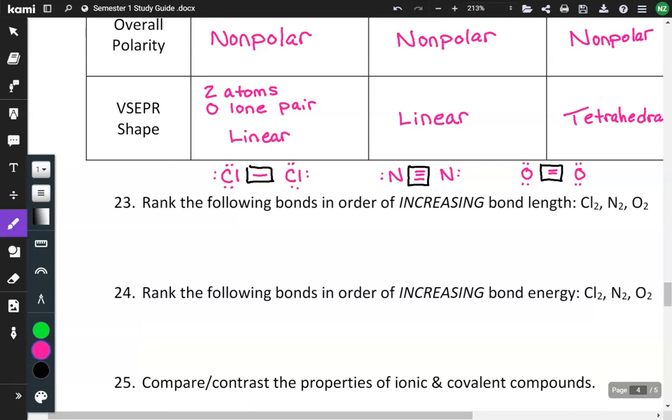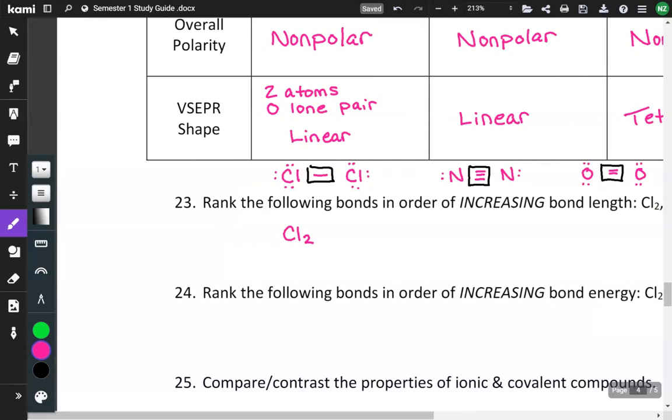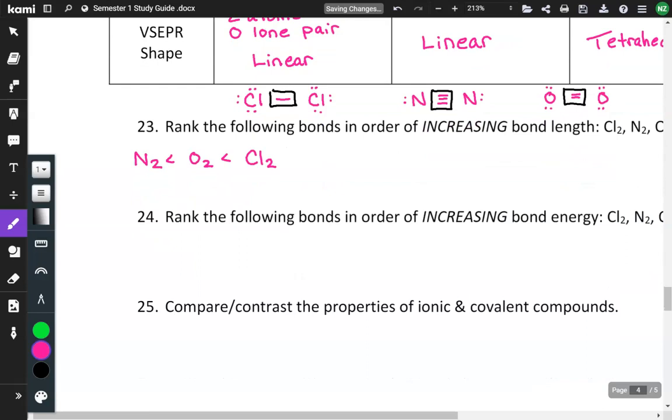So Cl2, my single bond, is going to be the longest, N2 is going to be the shortest, and O2 would be in the middle because it is a double bond. Bond energy: N2, the triple bond, is the strongest. It takes the most energy to break. Cl2 is the weakest. A single bond, or a single rubber band, is really easy to break.